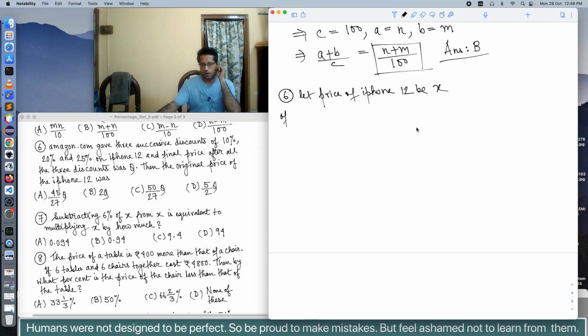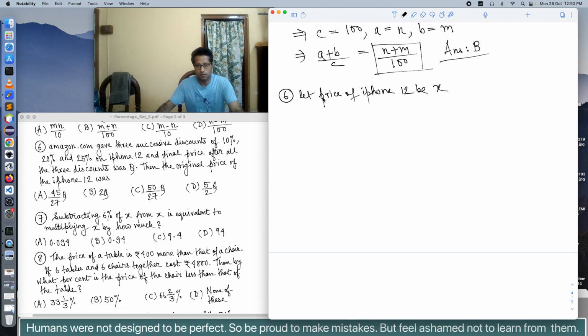First, there was a discount of 10%. After the discount of 10%, based on whatever the reduced price is, the 20% discount was given. After the 20% discount, based on the further reduced price, another 25% discount was given.